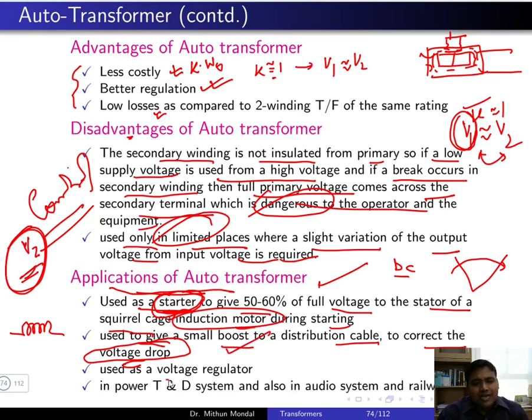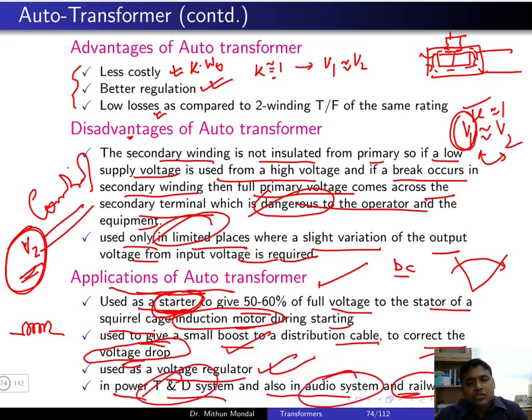It is used as a voltage regulator, because you are controlling the voltage by turning the knob. It is used in power transmission and distribution systems, and also in audio systems and railways. So in railways, audio systems, or transmission and distribution systems, the auto transformer is being used everywhere where you can control the voltage.